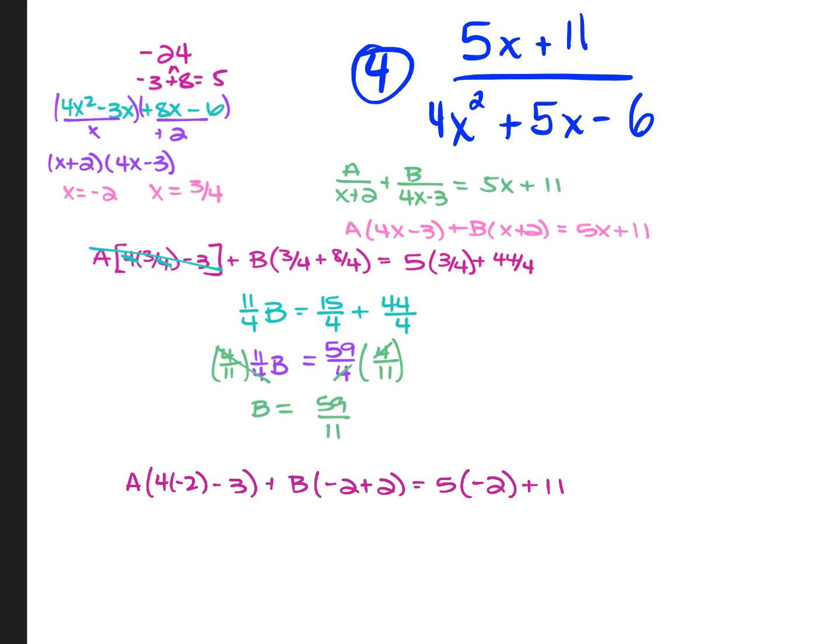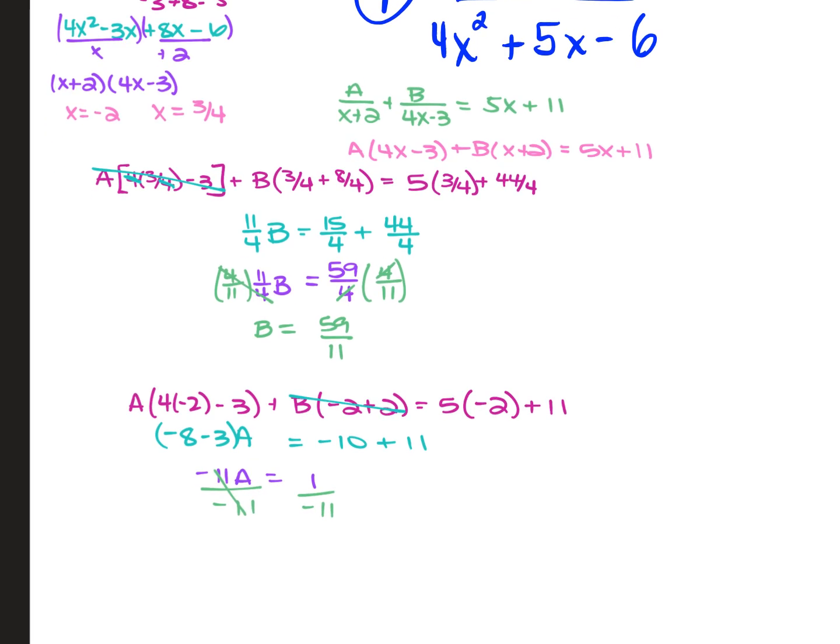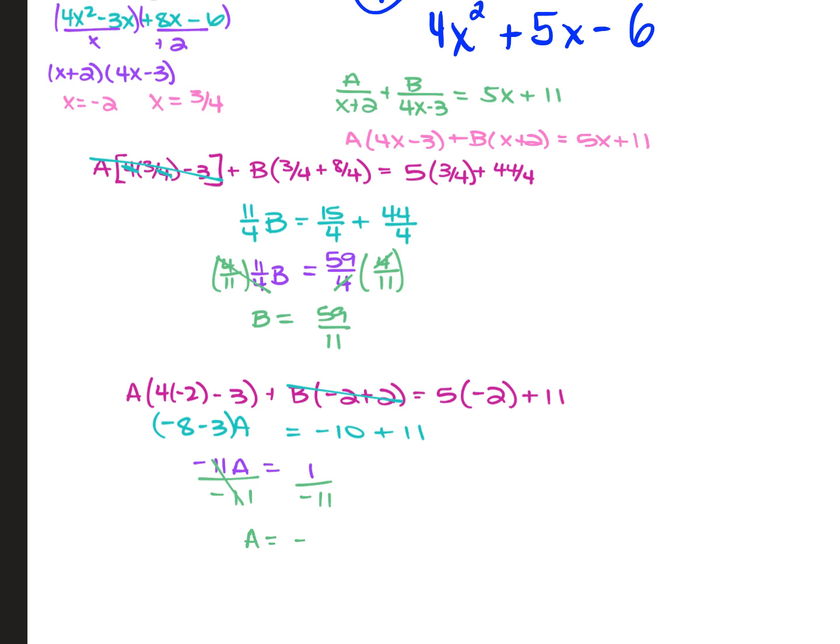Your 4 times negative 2 is negative 8 minus 3 gives you negative 11A. The B times negative 2 plus 2 is B times 0, so that cancels. You have 5 times negative 2, which is negative 10, plus 11 gives you 1. We divide each side by the negative 11, and you get that A is negative 1 over 11.